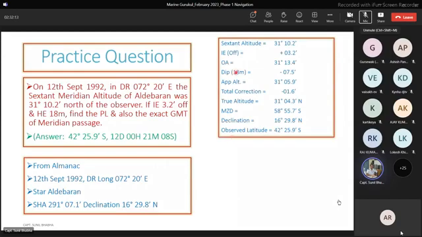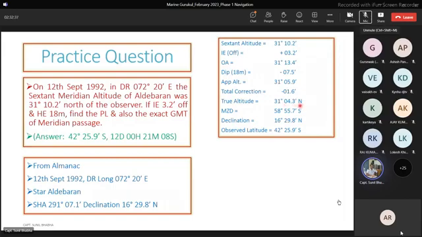Now next we correct the altitude of the star. The sextant altitude is given to be 31 degrees 10.2 minutes. Apply the index error, get the observed altitude. Apply the dip correction, get the apparent altitude. We apply the total correction and we get the true altitude of the star, 31 degrees 04.3 minutes.